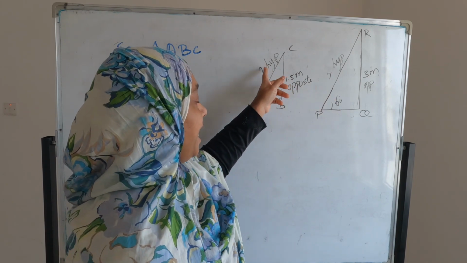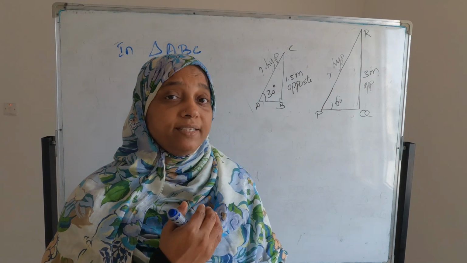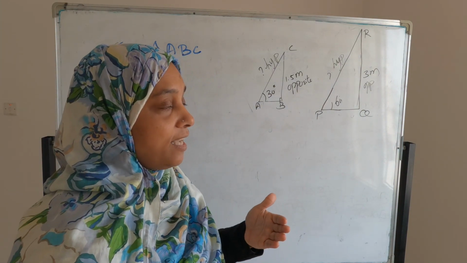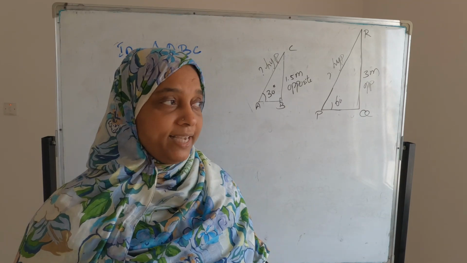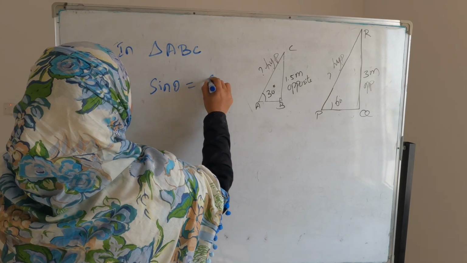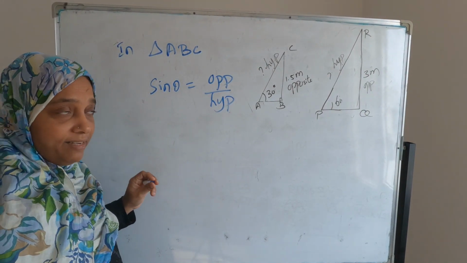Now opposite and hypotenuse are with us. Which trigonometric ratio represents opposite and hypotenuse? That is sin theta, opposite by hypotenuse. If you forgot, one easy way I will tell you.